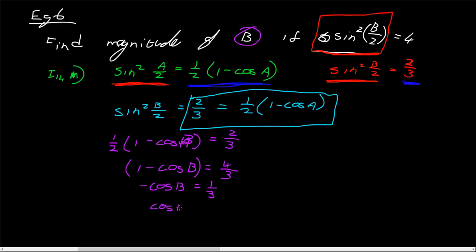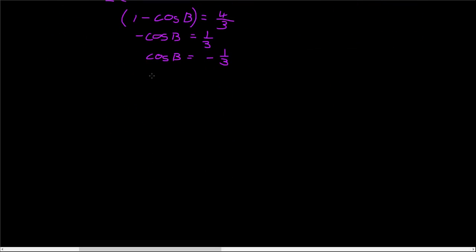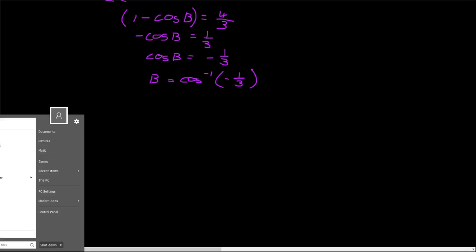Cos b equals negative 1/3. Okay. Then we're going to take cos inverse. So b is equal to cos inverse of negative 1 over 3. Okay. So if we pop that into our calculator, which I actually don't have on me, so here we're going to use the computer's calculator.